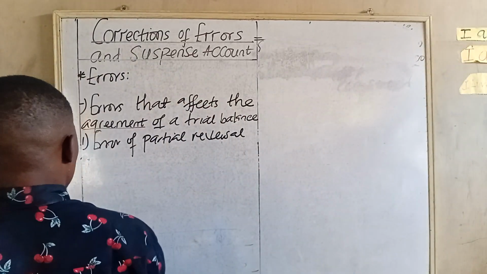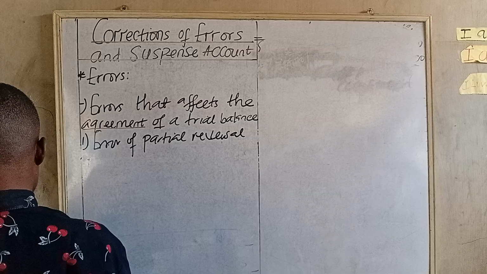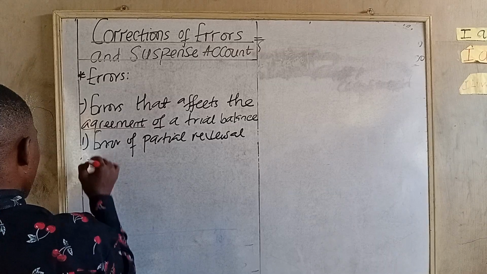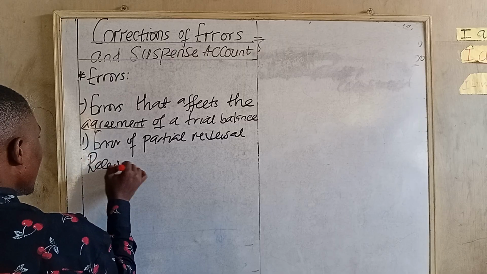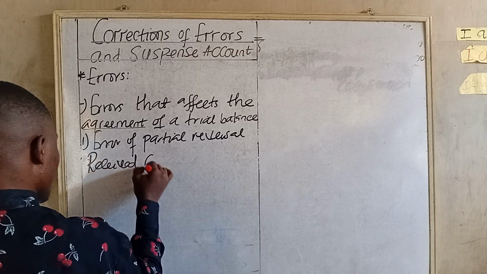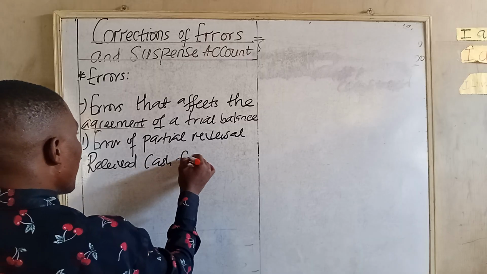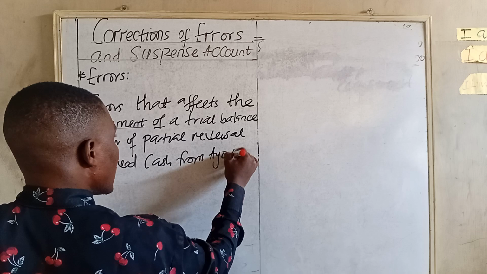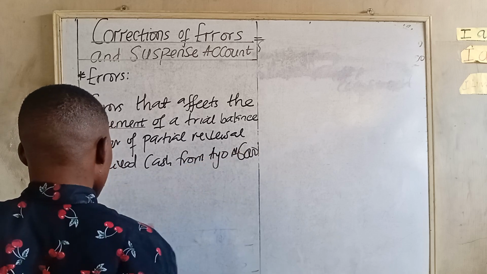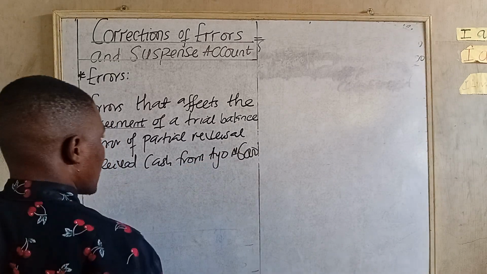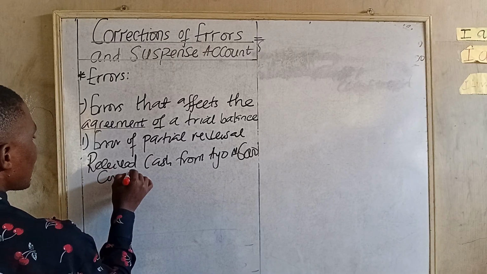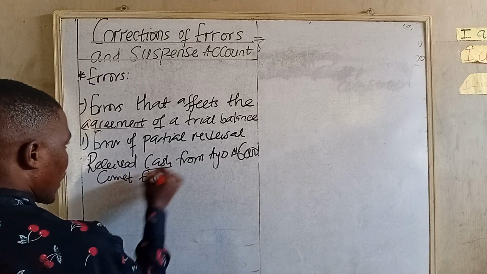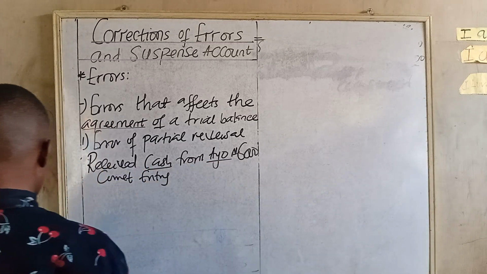Okay, let's use a question to analyze it. If you have received cash from Ayo, let's say 6,000. Received cash from Ayo 6,000. The correct entry here, we have the cash account, and we have Ayo's account.